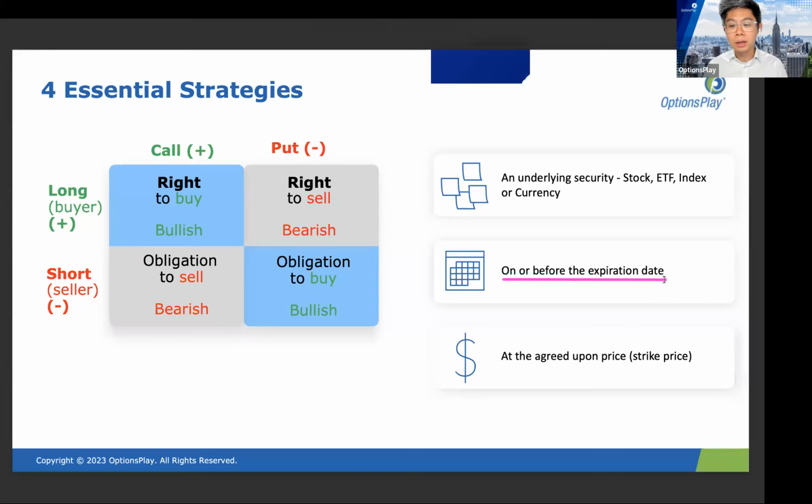And it also has an expiration date, on or before which, at an agreed upon price, or what we refer to as the strike price. Every option contract has these terms within the contract, and the terms dictate the value of the contract as the price of the stock changes, and as time goes on, as you approach the expiration date.